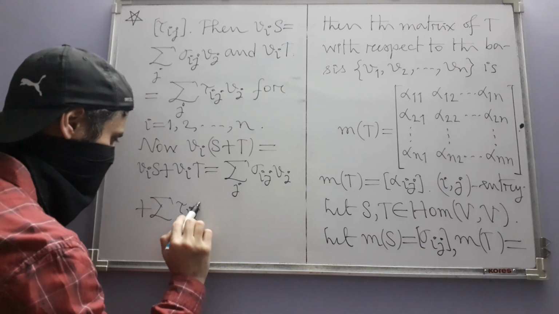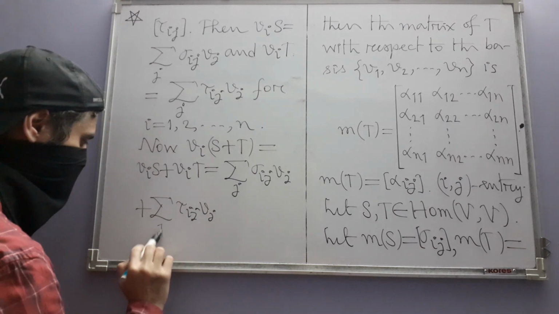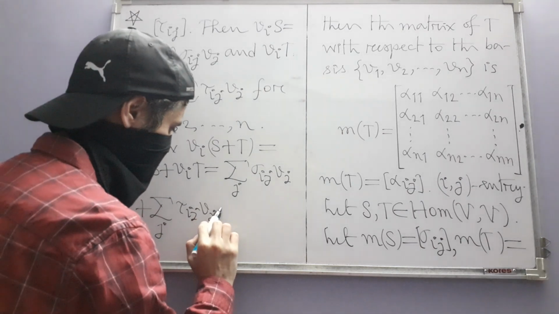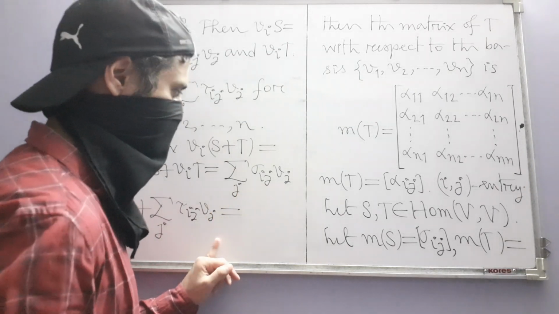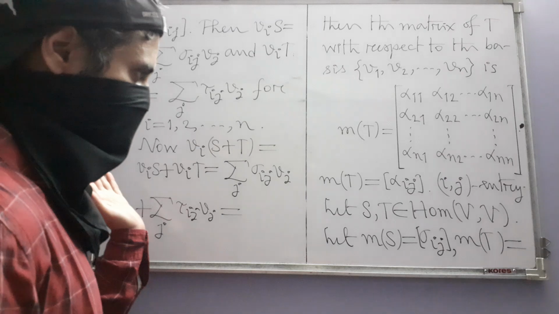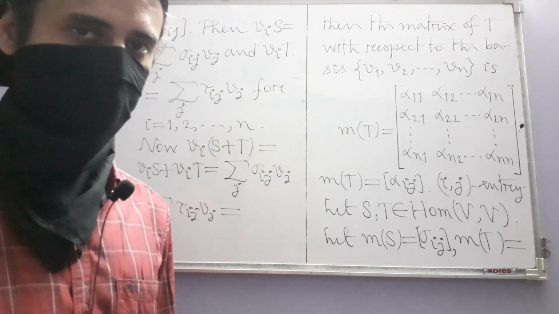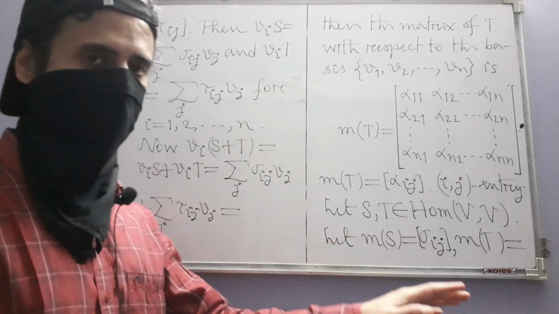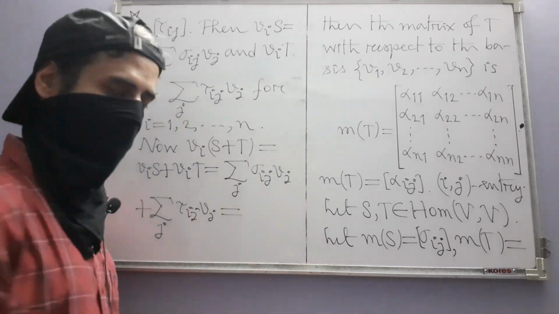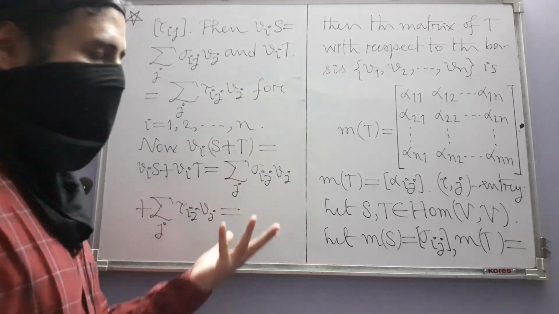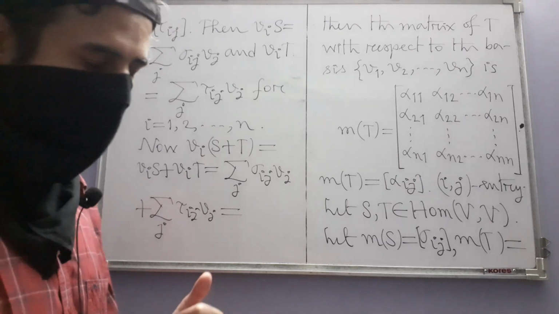If you find working with these summation notations somewhat problematic, you can write the sums fully. Fully means actually as a sum you can write. Of course, you have to use the ellipsis, dot dot dot, because here n is a general positive integer.